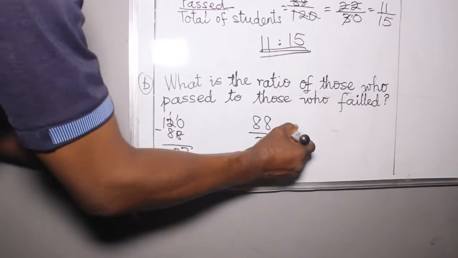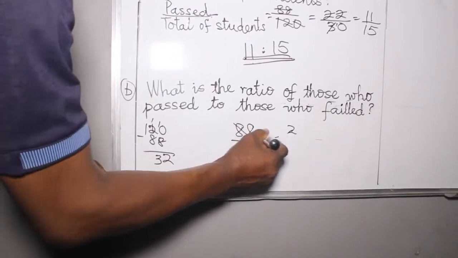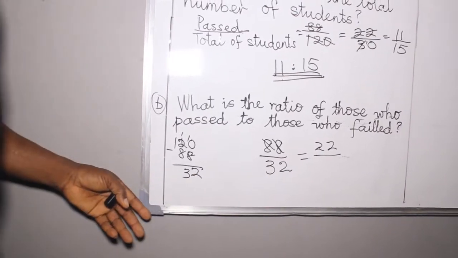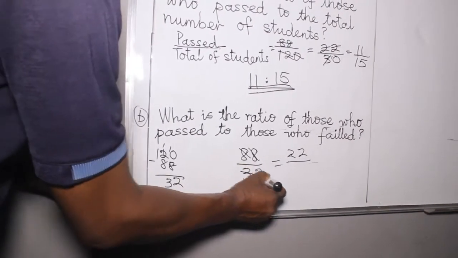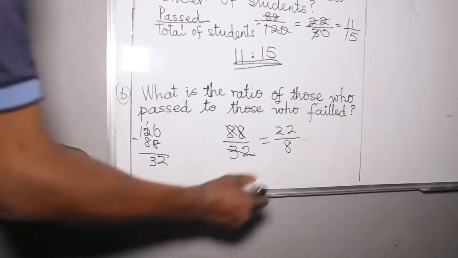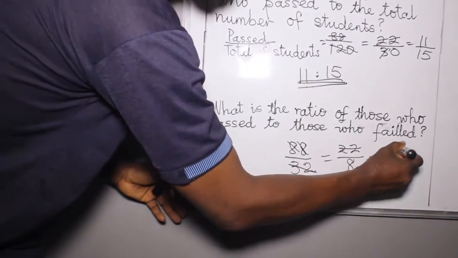Going by this, we can start with 4. 4 goes here, 2. 4 goes here, 2. We come here. 4 goes here, 8. 4 in 32, 8. We go further. 2 goes here, 11.